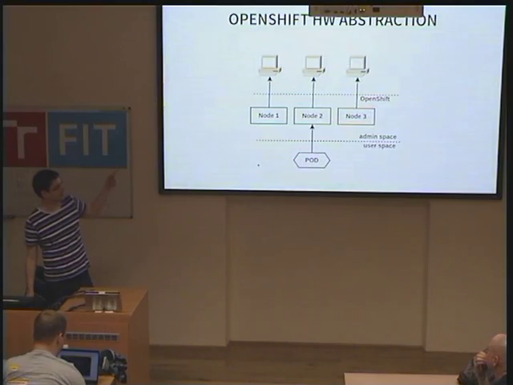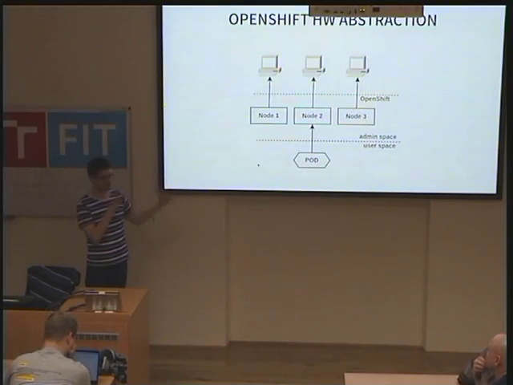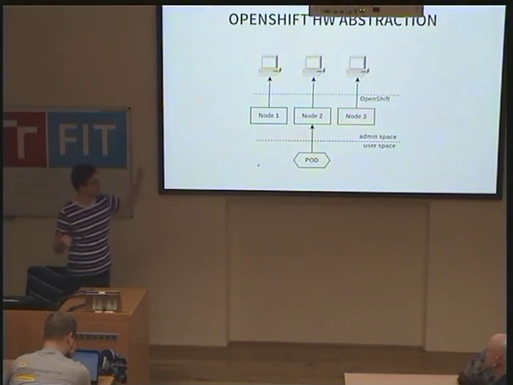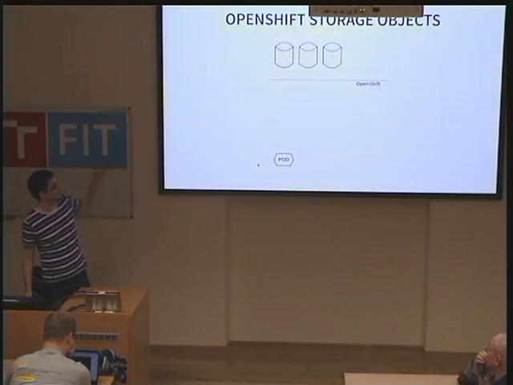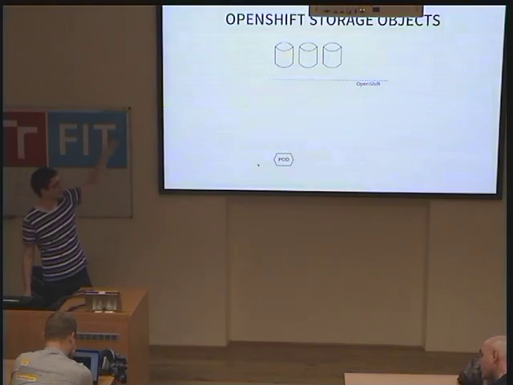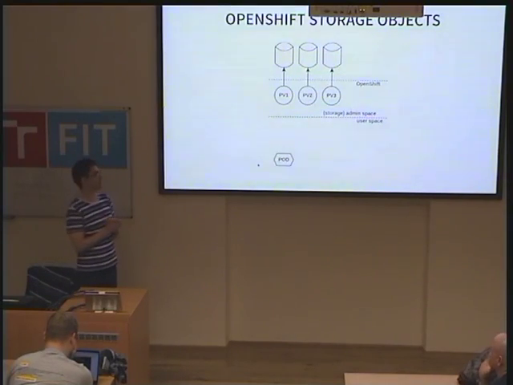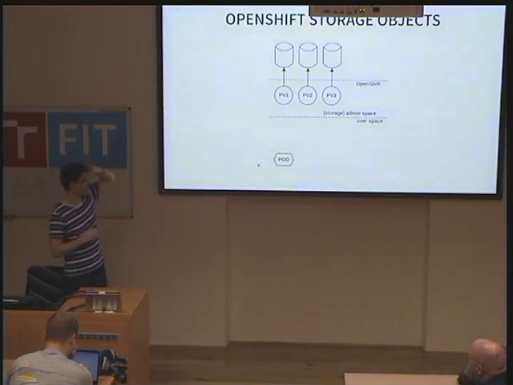And something very similar we have in storage. We have request not for CPU and memory, but for storage. And we have a sort of scheduler that finds the storage for you. So let's assume you have some storage outside of Kubernetes, be it NFS shares, iSCSI, Amazon volumes, whatever. The OpenShift administrator creates persistent volume objects representing the storage outside of Kubernetes.